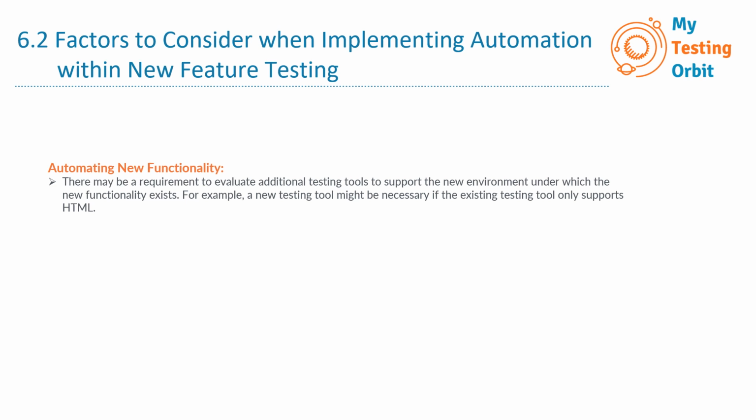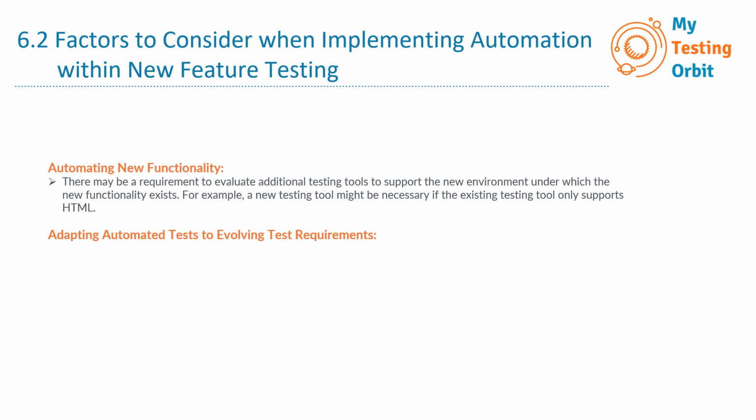In such a case, the existing testing tool tailored only for HTML interfaces might not effectively support or test the new functionalities. So there might be a requirement to assess and introduce a new testing tool which is capable of handling these diverse elements or technologies to ensure comprehensive and effective testing of the expanded environment.